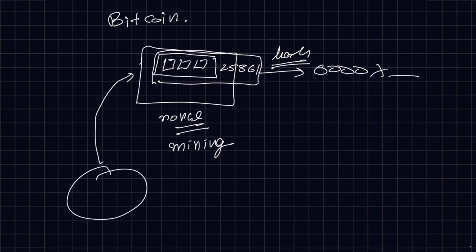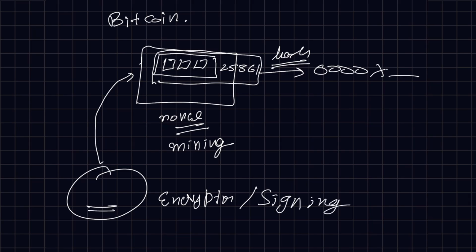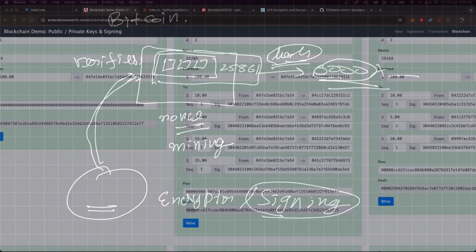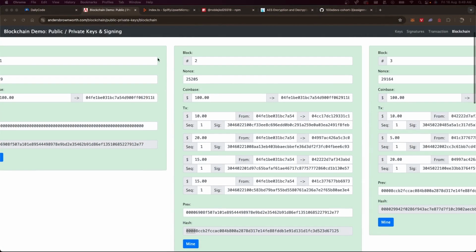The person who's submitting the transaction is encrypting, or more specifically, signing. You as a user of the blockchain sign a message and submit it on the blockchain. The miner verifies the message and then hashes the block into something that starts with a certain number of zeros. That is how proof of work works. That is how this blockchain works.